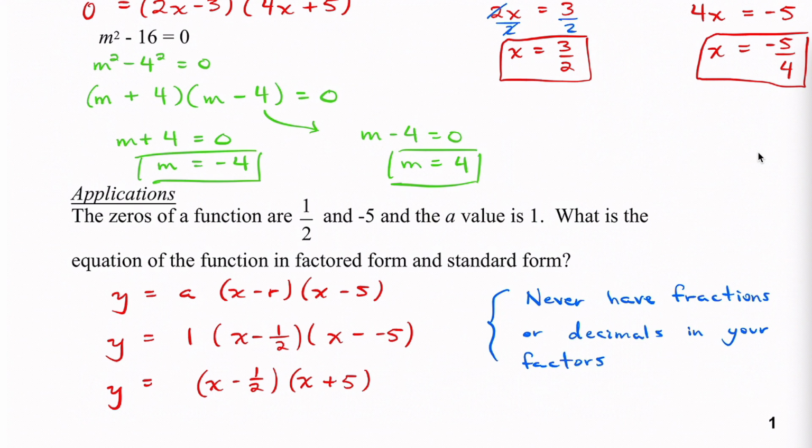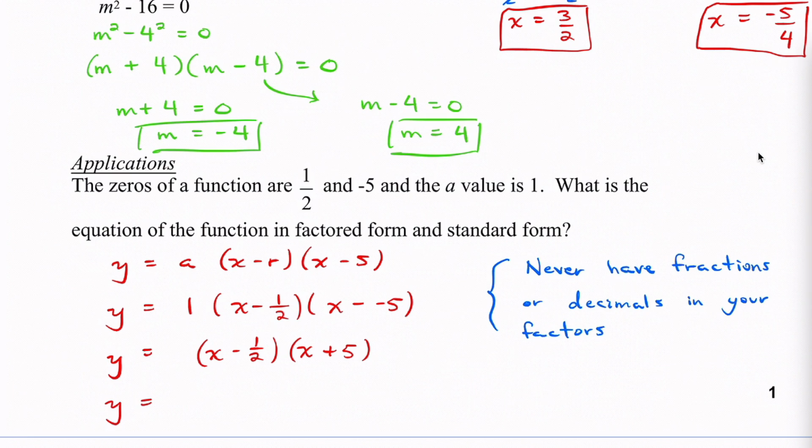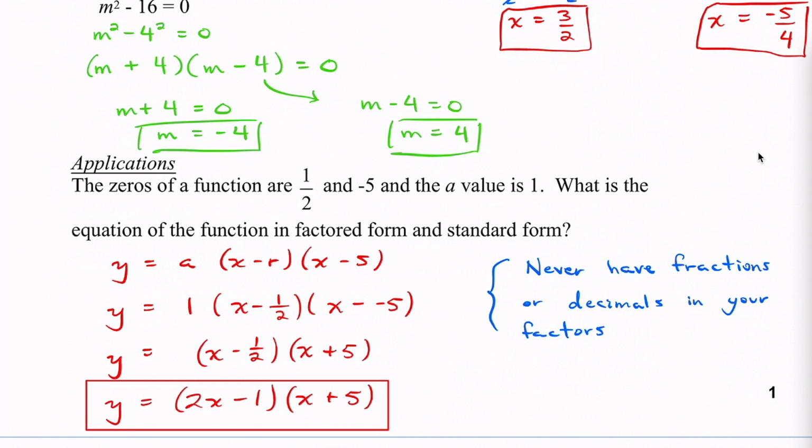Okay, so just make a little note about that. We don't want to have that fraction right there. So the way we are going to get rid of that is this 2 is going to move up in front with the x there. So let's just write that. Okay, so that is our factored form answer.